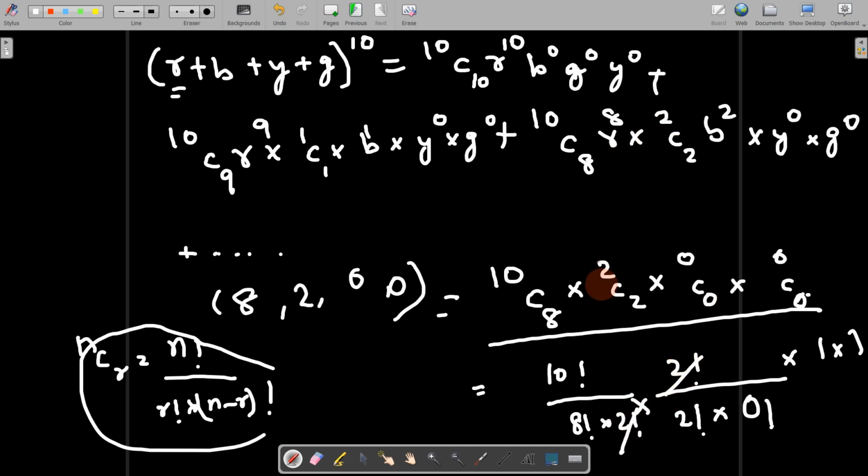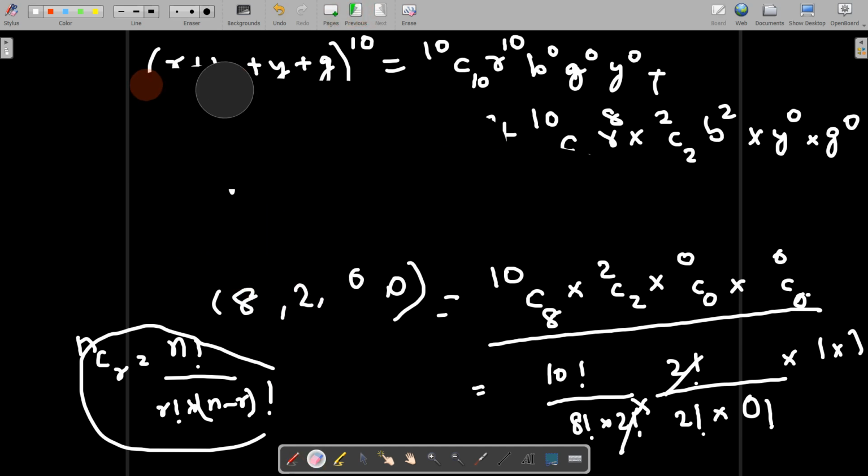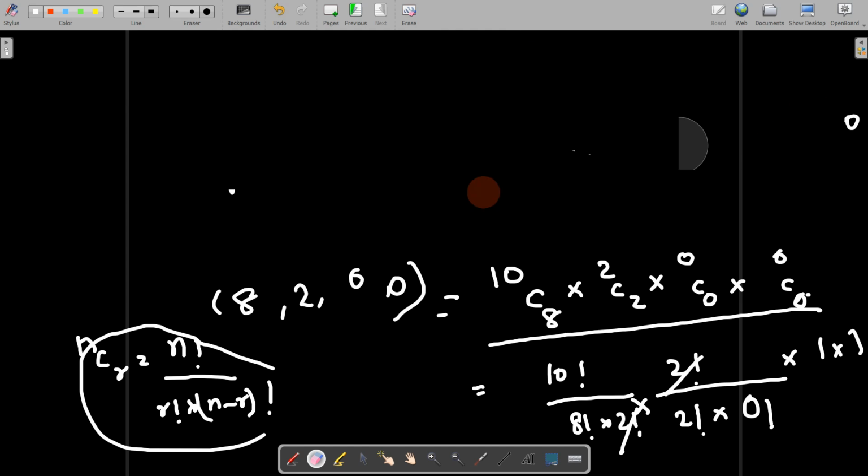So the general formula for the number of ways would be, I'll erase the upper terms somewhere over here. I'm writing this part over here.